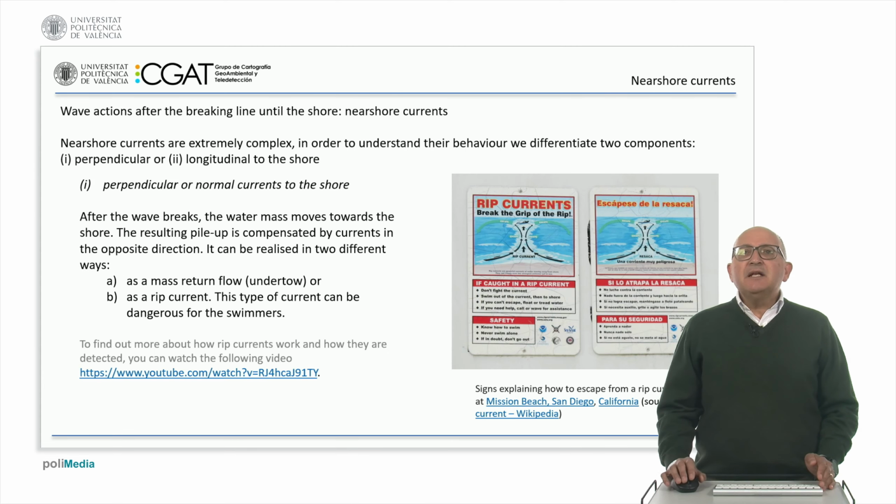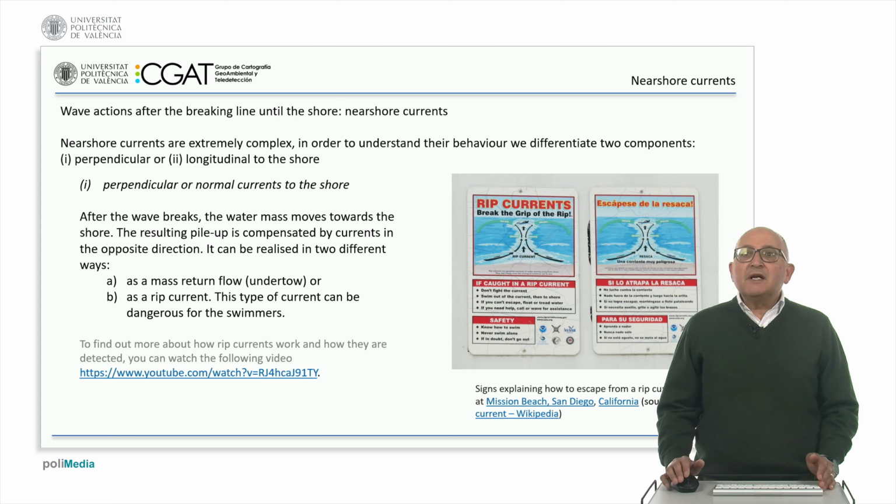Coastal currents play an essential role in coastal processes. There are two fundamental types, perpendicular to the coast, and the longitudinal ones. Regarding perpendiculars, we can say that they occur in the opposite direction to the coast, i.e., returning waters towards the sea. There are two types of currents perpendicular to the coast.